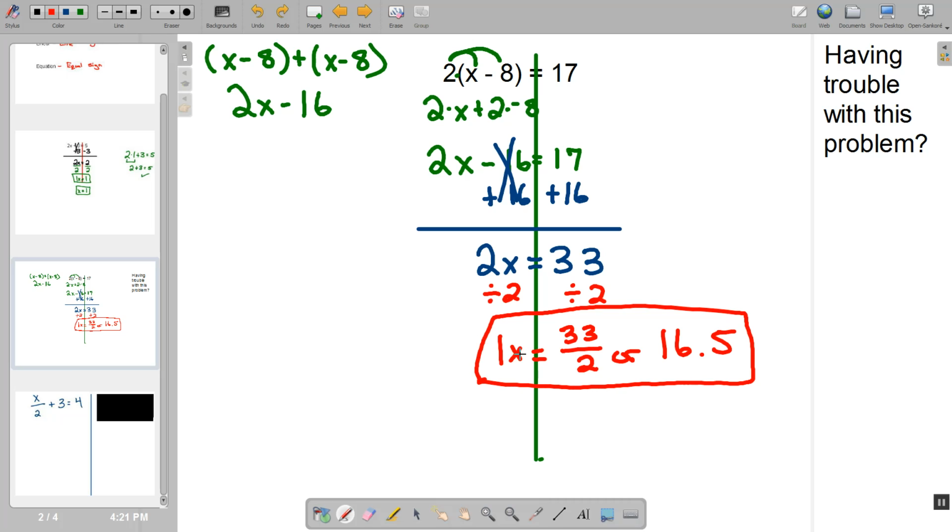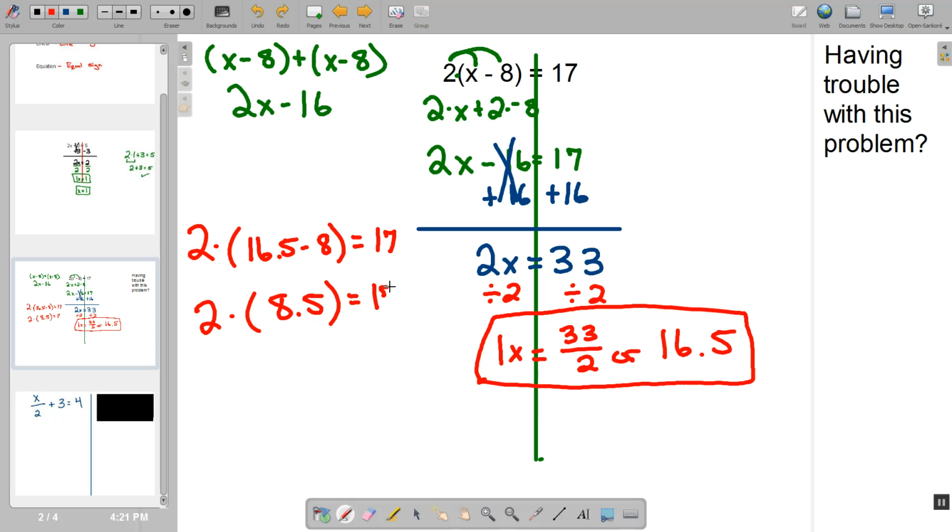And then we're going to plug it back into the equation to check. 2 times 16 and a half minus 8, is that equal to 17? Well, 16 and a half minus 8, well, 16 minus 8 is 8. So the extra half is going to make this 2 times 8 and a half is equal to 17.